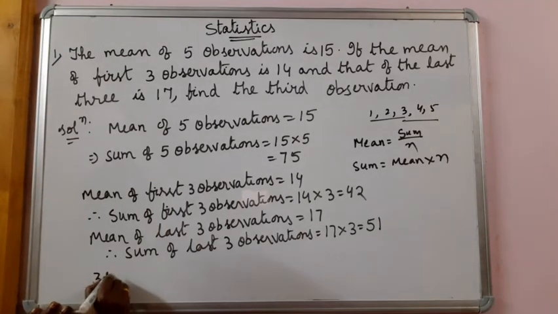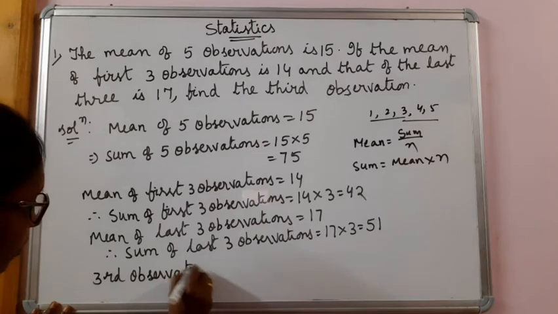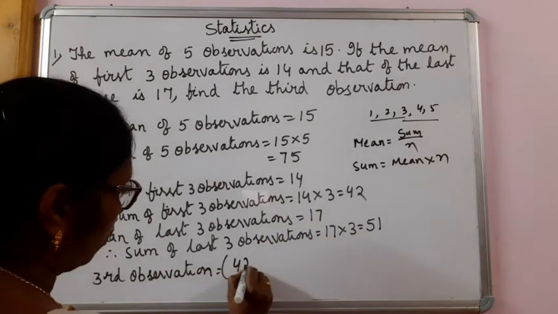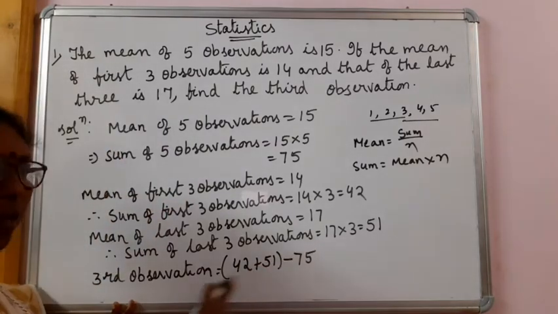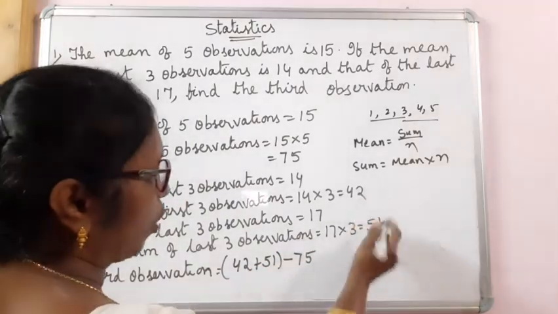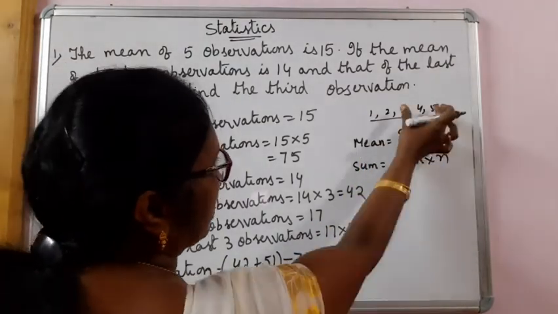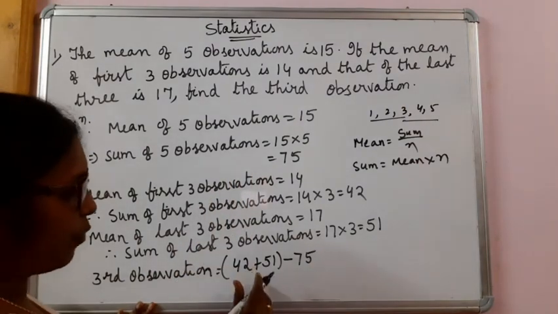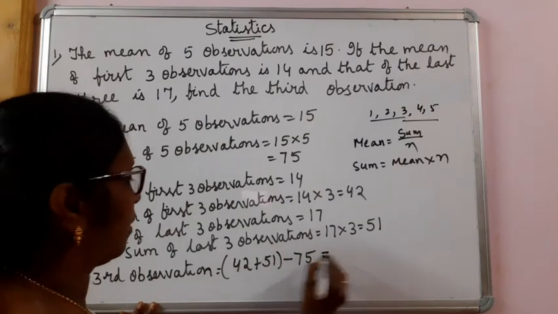So the third observation is equal to 42 plus 51 minus 75. I hope this is clear to you, because the third term is added 2 times. So if we subtract the sum of all the terms, we get the third term.